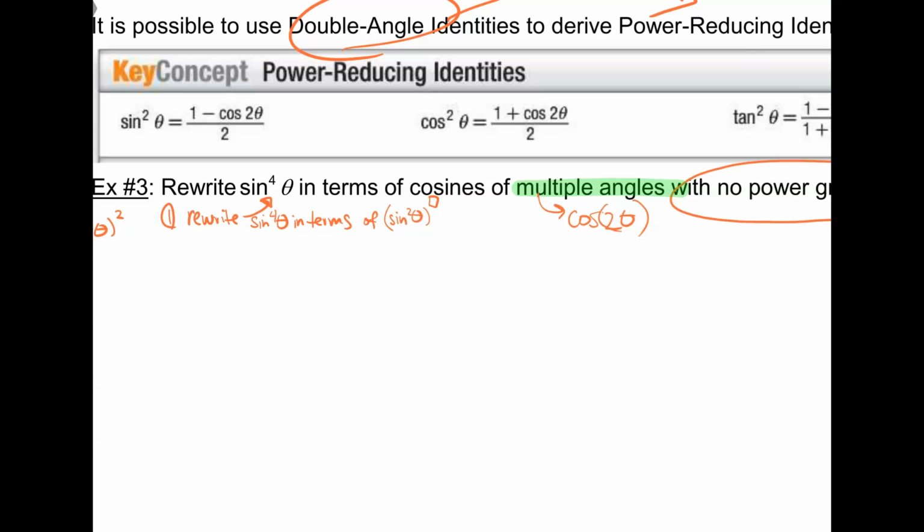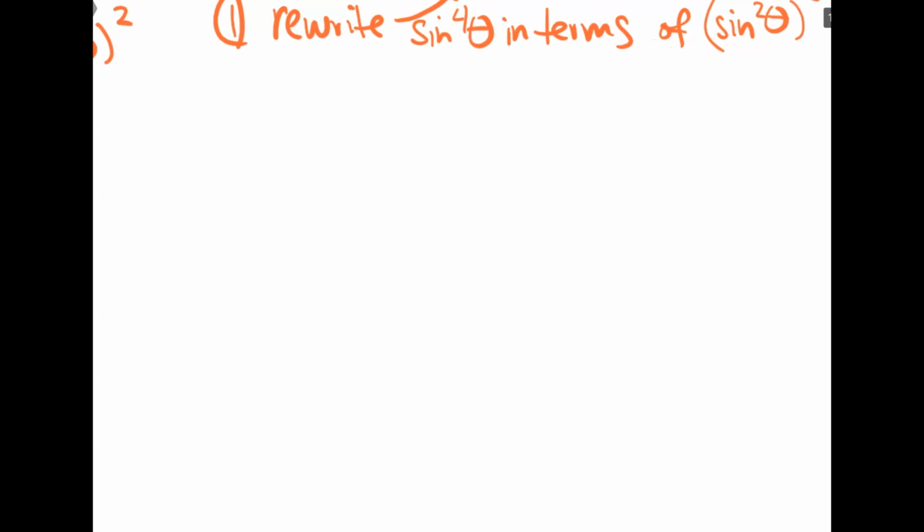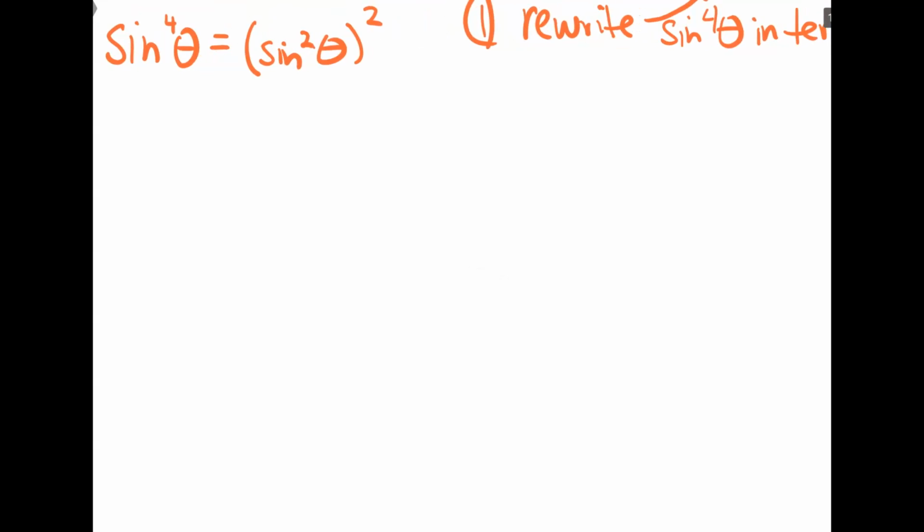Okay, now that we've sufficiently prepped this, let's go ahead and do it. Okay, so we said sine to the 4th theta was equal to sine squared theta squared. So looking up above at our power reducing identities, what is sine squared theta equal to?